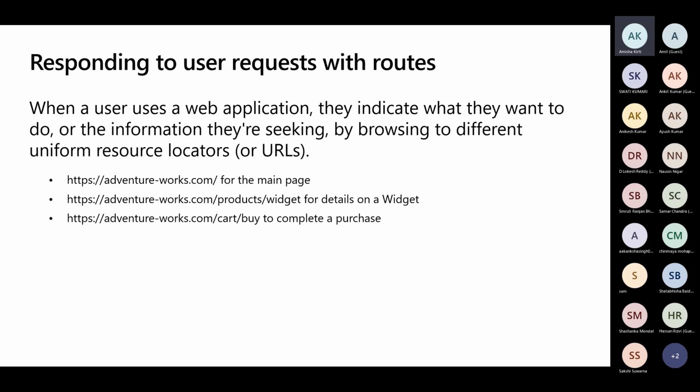In the back end, the job is done through routes. In every web application, as you can see, adventureworks.com is the main site, and if we click on products, it navigates to another URL. That is done through the routing method. And every web application needs to include the code for routing.